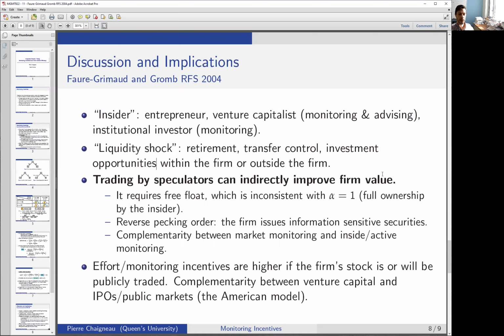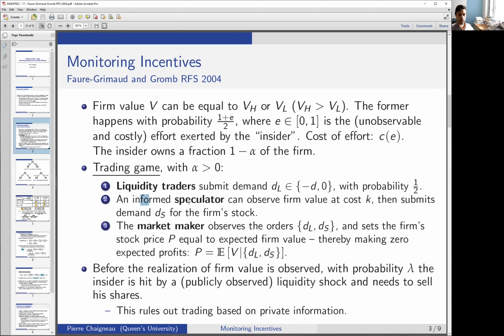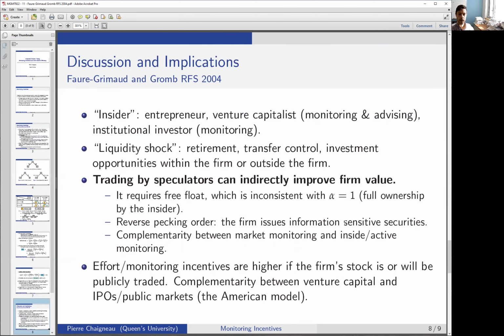So in this context, trading by these informed speculators that do not do anything directly to improve firm value can still be useful because it will indirectly improve firm value. So it requires some free float, which is inconsistent with having full ownership by the insider.